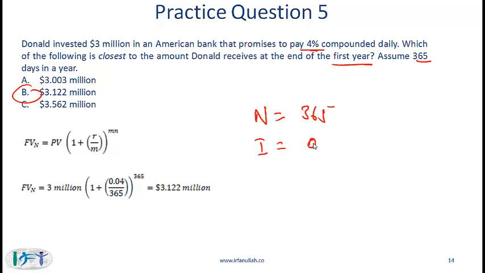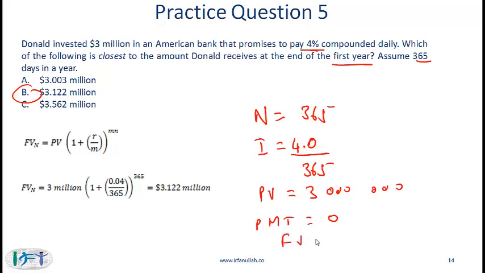We put this in as 4% divided by 365. That's your return per day. And then the present value is equal to 3 million. The payments are equal to 0. And the future value is what you have to compute. Here is what you should get.